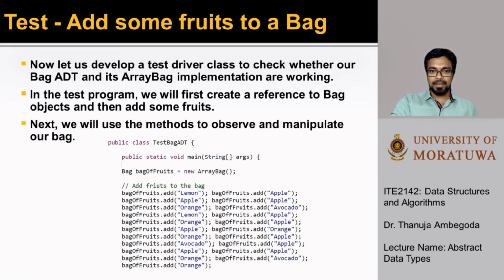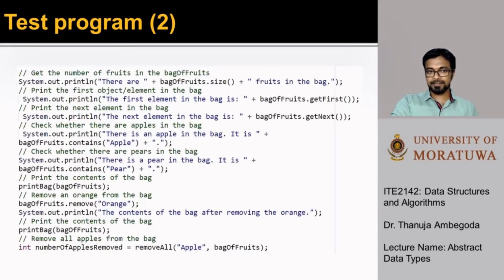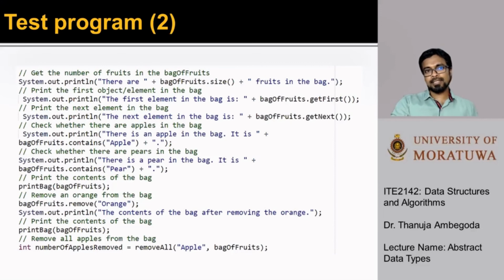Like that, we have a large number of fruits added to this bag of fruits. Let's now try to get the number of fruits in the bag. We try to print this string: there are some number of fruits in the bag. You can get the number of fruits in the bag using this dot size method call.